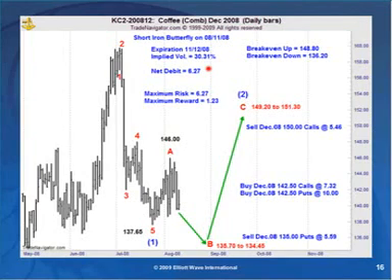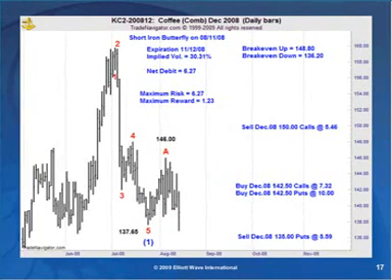Now, again, this implied vol is on the December contract, not the front contract, and it's about the same as the front. So now we're going to move forward. Okay, we've come down, and right now we're at about 136.85.